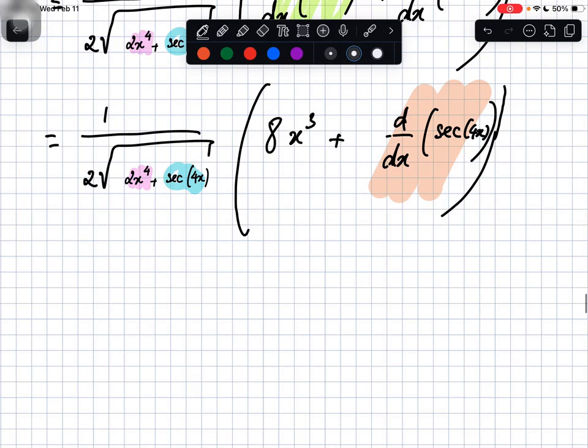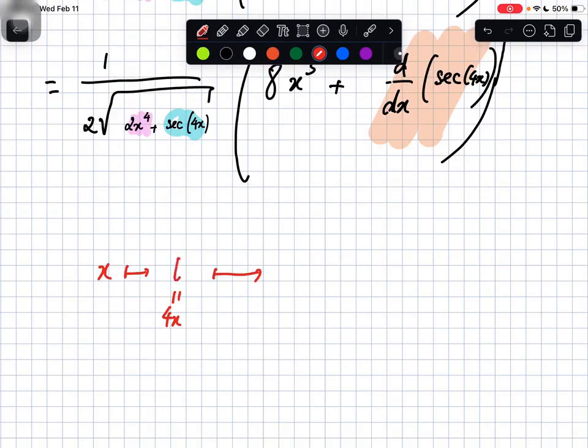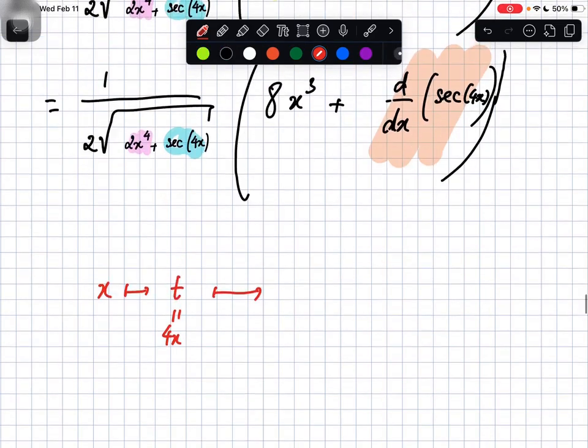You can think of that as x sent to 4x, call it t, and then you send that to secant of t, which goes to v.